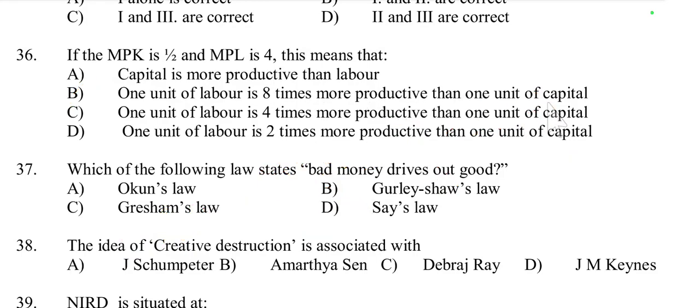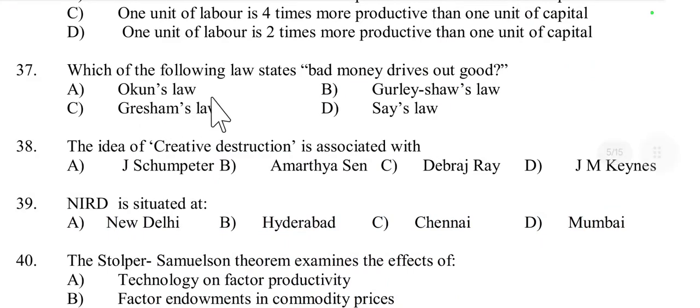Then question number 37, which of the following law states bad money drives out good money, good money out of circulation? So this is called Gresham's law.